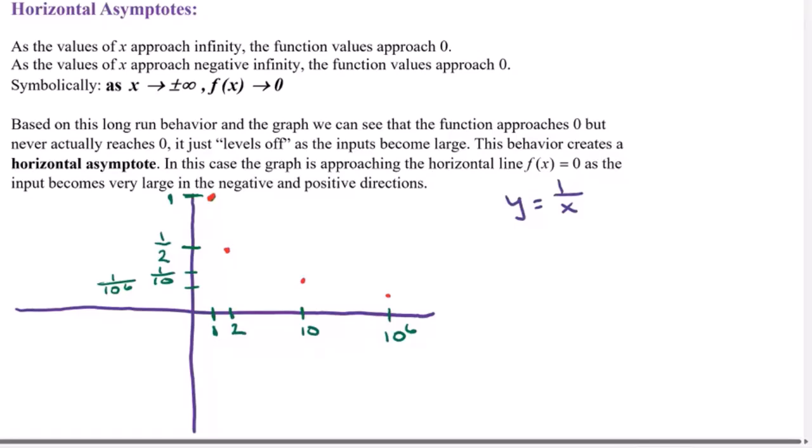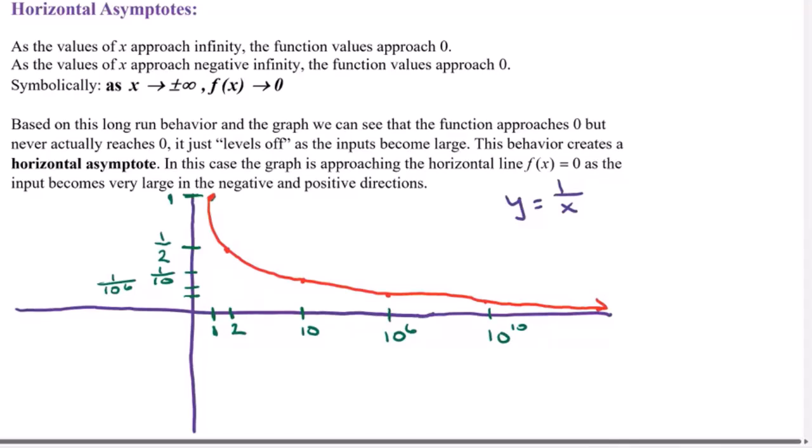And hopefully you can see that the larger my x values get, the smaller my y values get. And we're going to have the same graph. It's still going to look similar to the one we had before. But what's happening is this is getting closer and closer to 0.